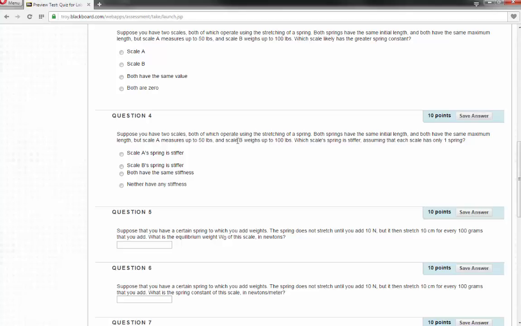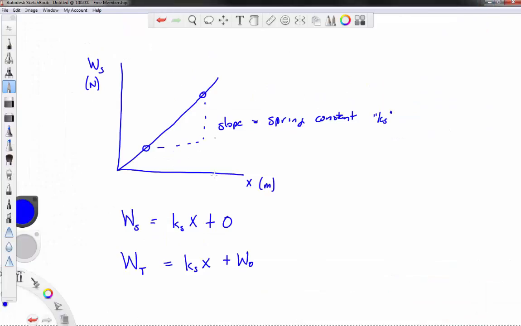In other words, you can put 100 pounds on scale B, but only 50 on scale A. The implication here is that this stiffness factor right here must be larger for B than for A, because you basically have WS max is equal to, for A, 50 pounds.